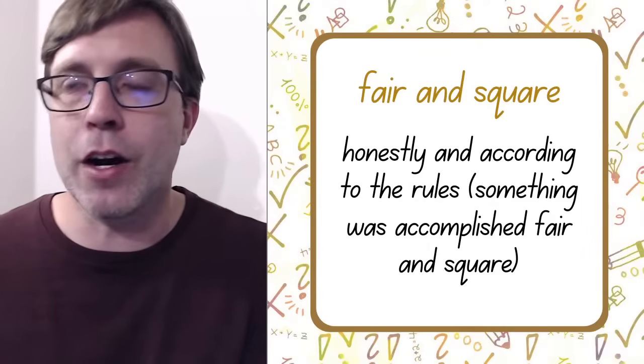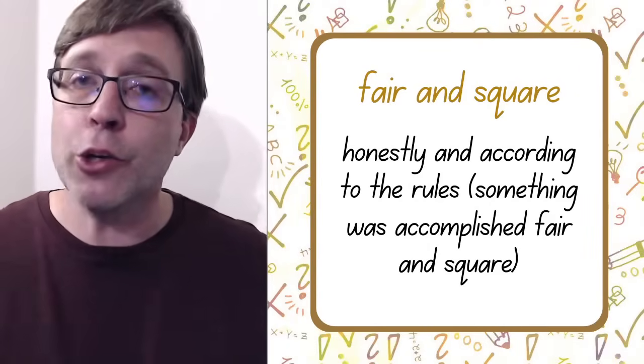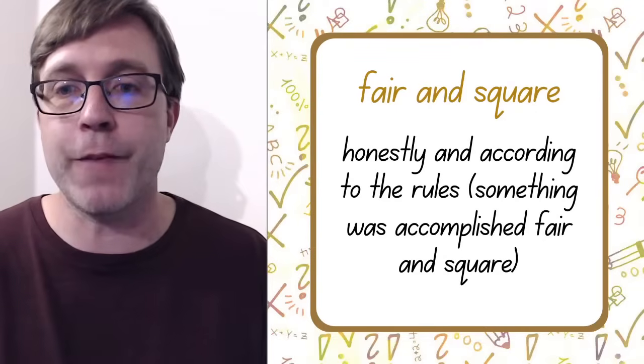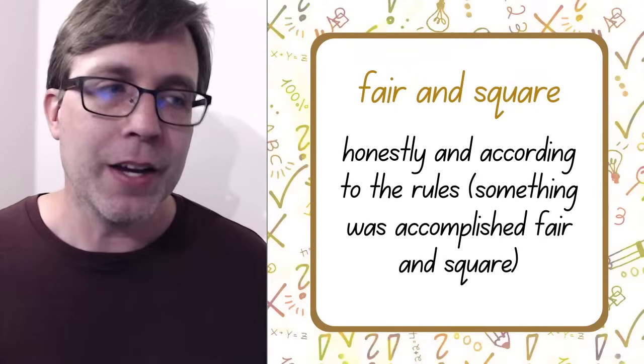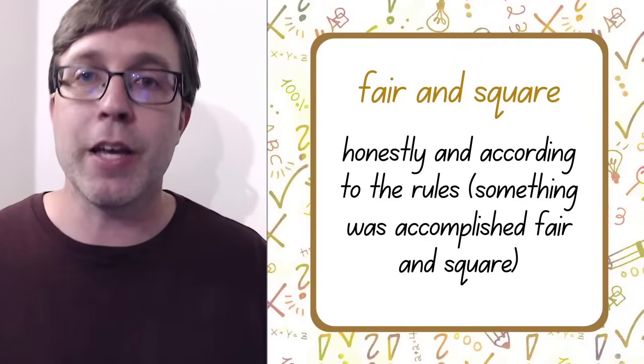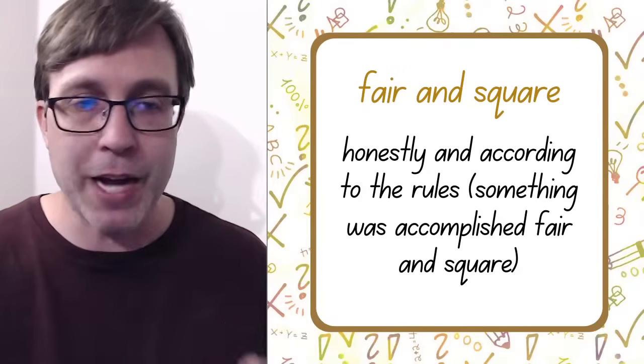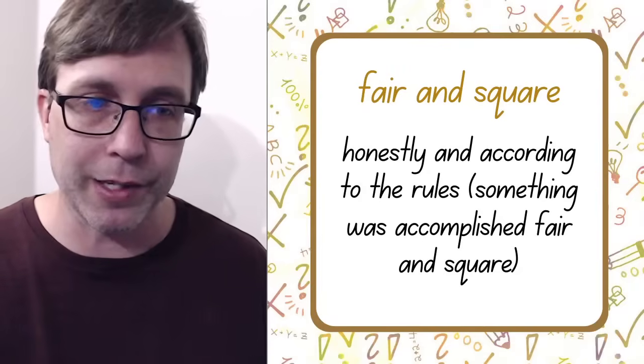You would say, oh, we won fair and square. There was no cheating, you won honestly. I think that is a common sentence people might use with this binomial pair: we won fair and square, or the match was fair and square, it was done honestly.